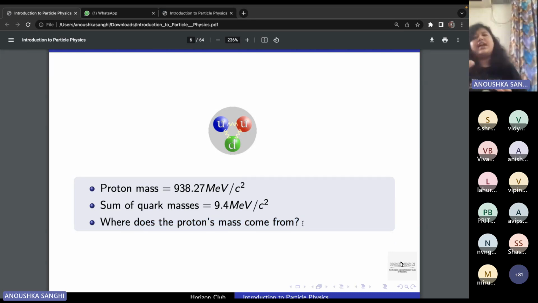The force carriers, all the energy transmission that is going on, adds to the mass of the proton. And of course, gluons and energy interactions play a very important role in giving mass to protons. Similarly, it is the case for neutrons also. Neutrons are also heavier compared to the quark masses, and we can explain that with the same phenomenon.